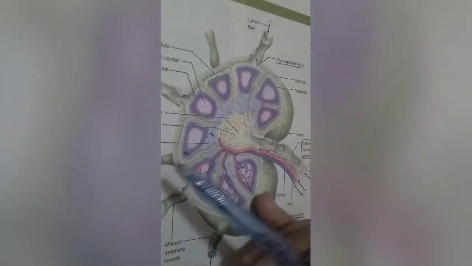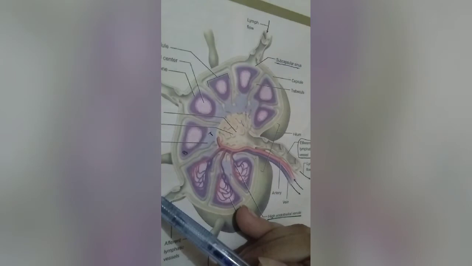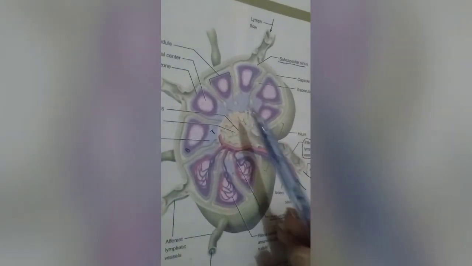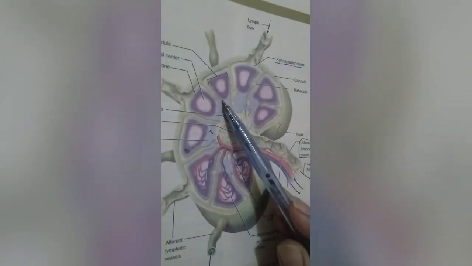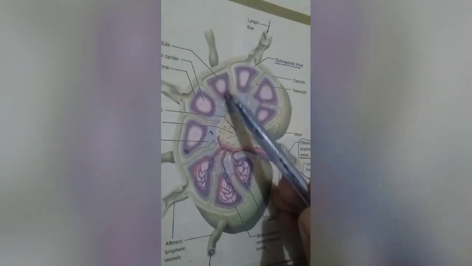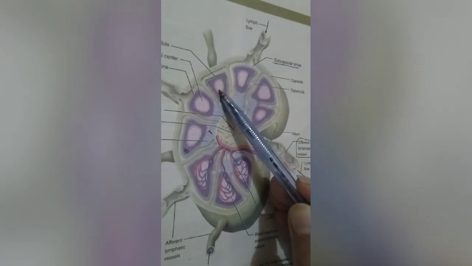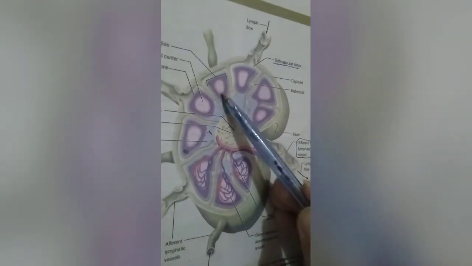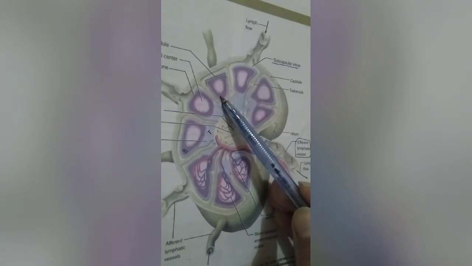But each secondary lymphatic nodule exhibits a light region called the germinal center, which is present in the center, and a dark purple region which is called the mantle zone or corona.